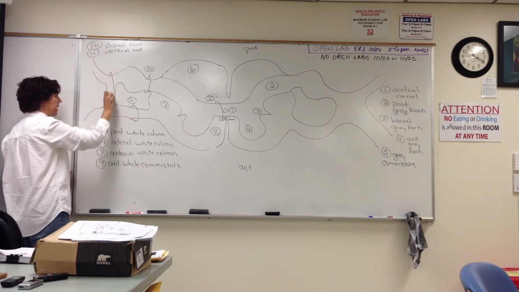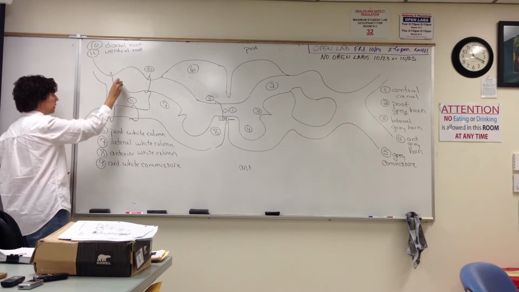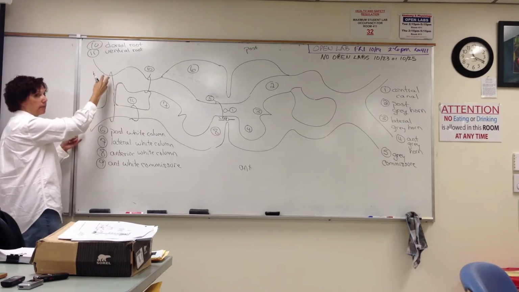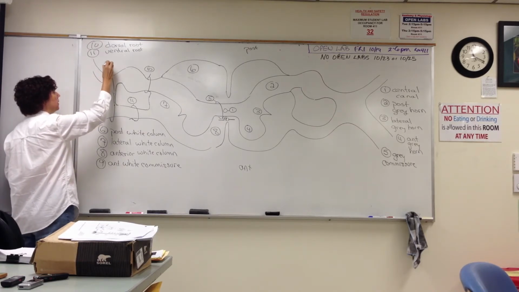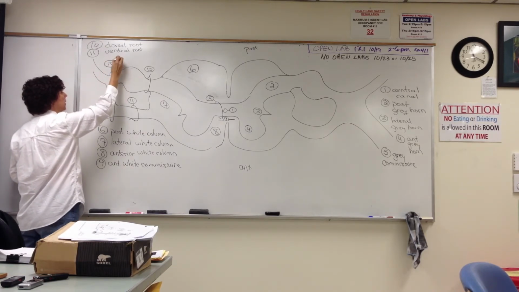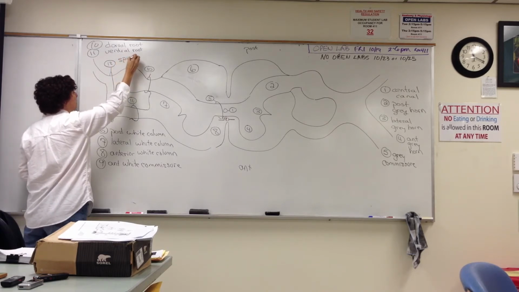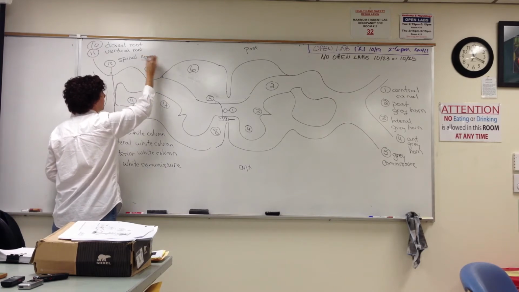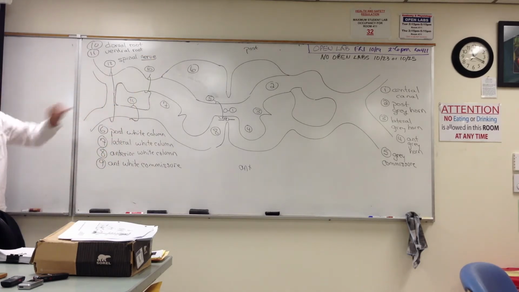And then this would be the spinal nerve, just this narrow section right here, and then it has branches. Again, same thing on that side.